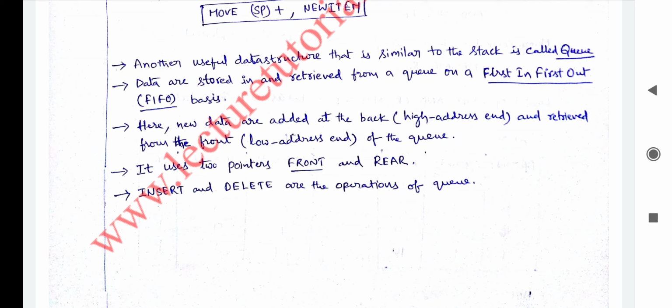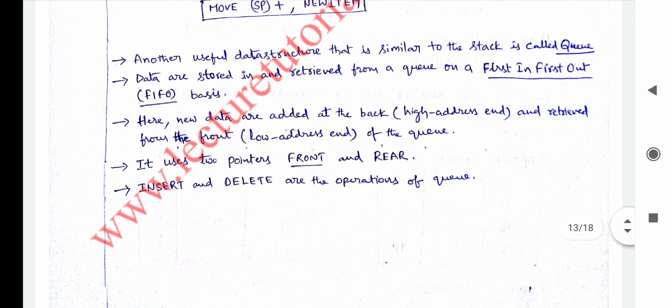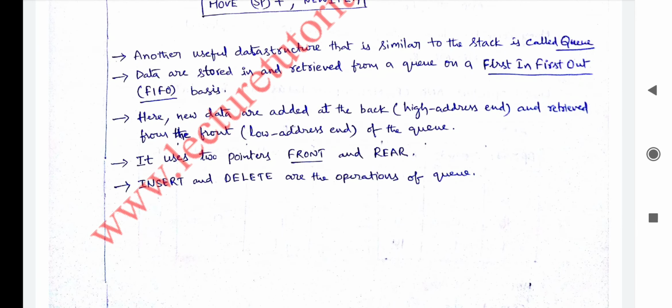Data are stored in and retrieved from the queue on a first in first out basis. A stack is a last in first out data structure, but a queue is first in first out. That means the first element placed into the queue is the first deleted from the queue.